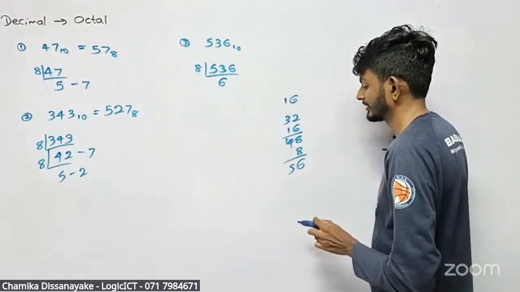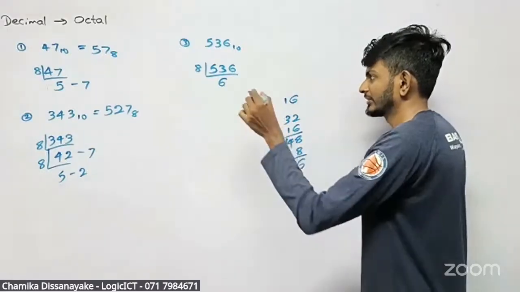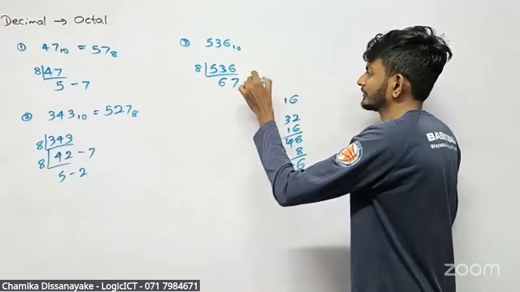Yes, 56. Okay, it's correct. That means we have 5, 6, 7, and 0 remainder.